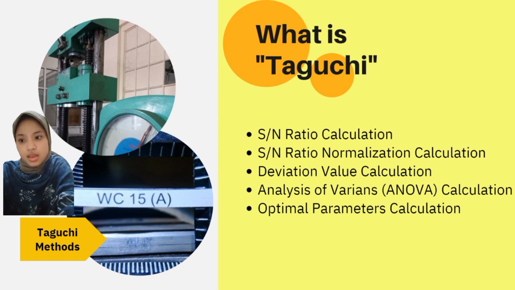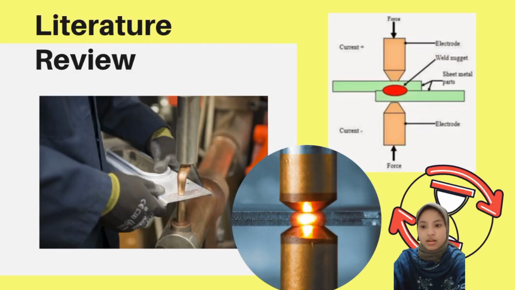First, S/N ratio calculation, S/N ratio normalization calculation, deviation value calculation, ANOVA calculation, and the last is optimal parameter calculation. So there are literature review.